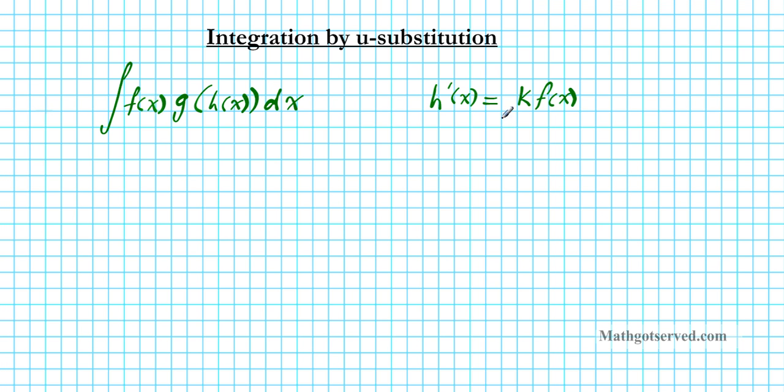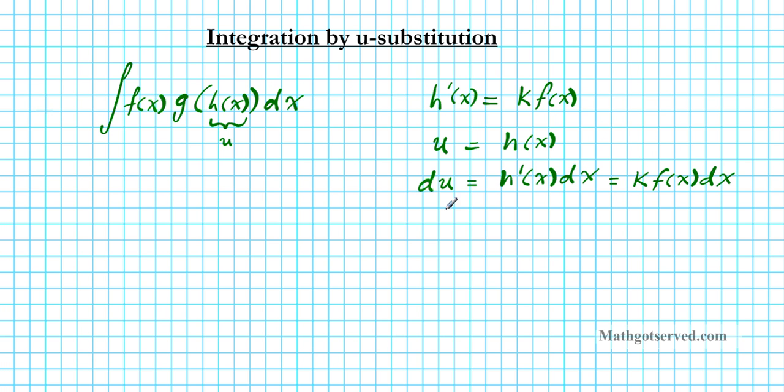Okay, if this were the case, then what you do is you take this inner function and you call it u. All right, so you say let u be h of x, and then you find du. Du is going to be h prime of x dx. But we already determined earlier that h prime of x is an integer multiple of f of x, so it's going to be equal to k times f of x dx.